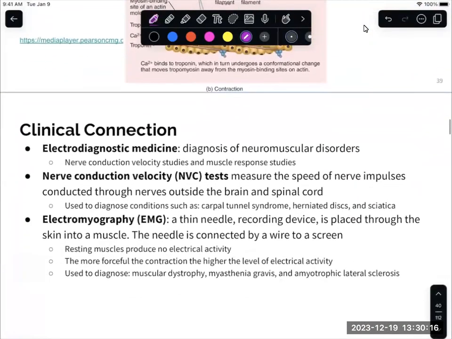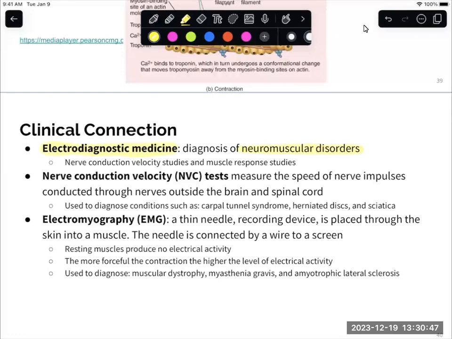So we have ways that we can actually monitor muscle contractions and these nerves that are sending this information down to muscles. It's called electrodiagnostic medicine. We use it to diagnose neuromuscular disorders, so between the nervous system and the muscle system.